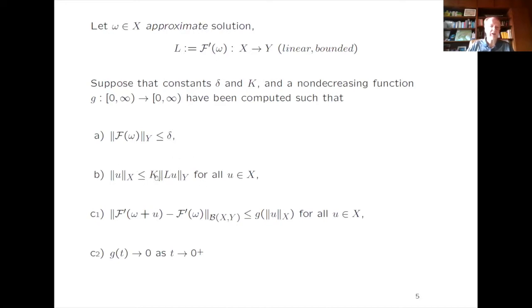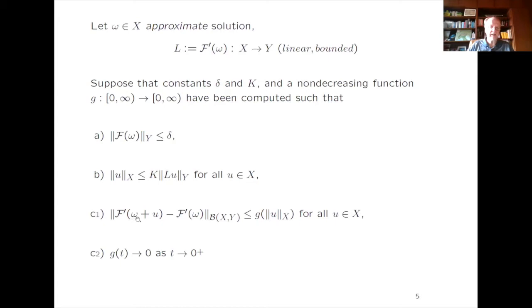Okay. So the next thing is we have to bound the inverse of the linearization, F prime of omega. We have to bound the inverse of this linearization by this constant K here. And that will be the most challenging part, analytically as well as computer-assisted. Next, we need some local Lipschitz type bound for the derivative of the nonlinearity of that form here.